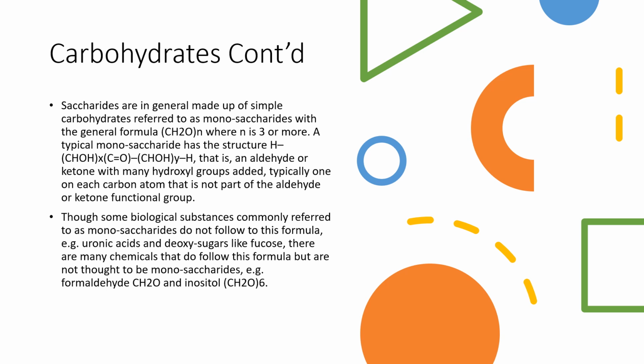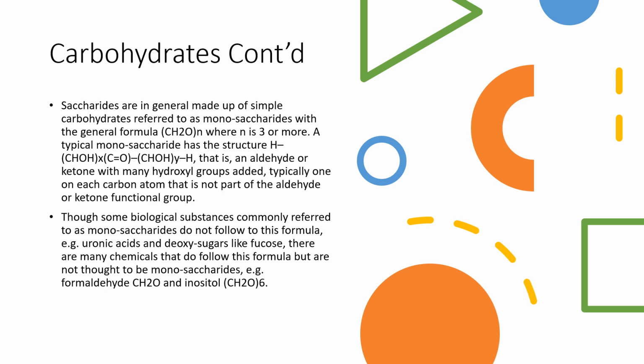A typical monosaccharide has the structure H, CHO, C=O, CHOH, H. That is an aldehyde or ketone with many hydroxyl groups added, typically one on each carbon atom that is not part of the aldehyde or ketone functional group.